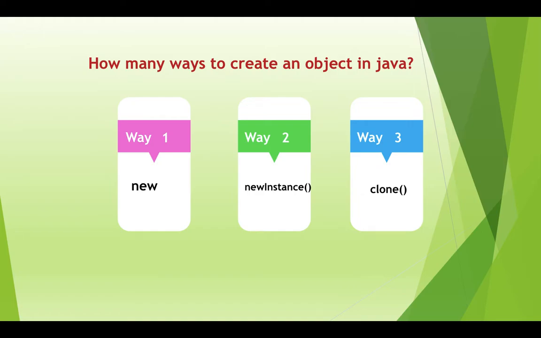If you go to real-time projects, in some scenarios we use the newInstance method, and in some places we clone the object. Cloning means, for example, in some places we have one object, and they need to copy the same fields and the same values inside it.